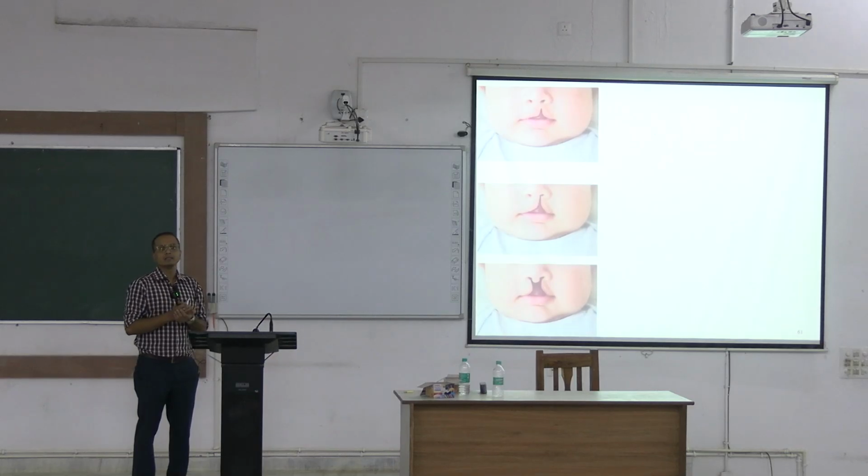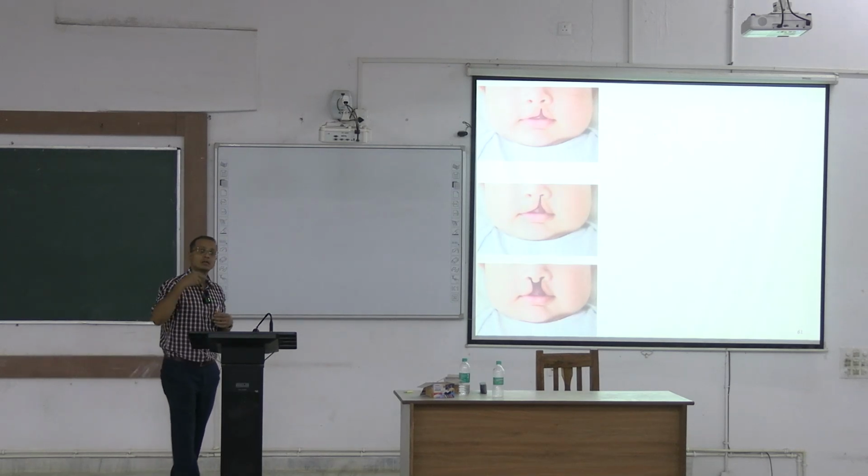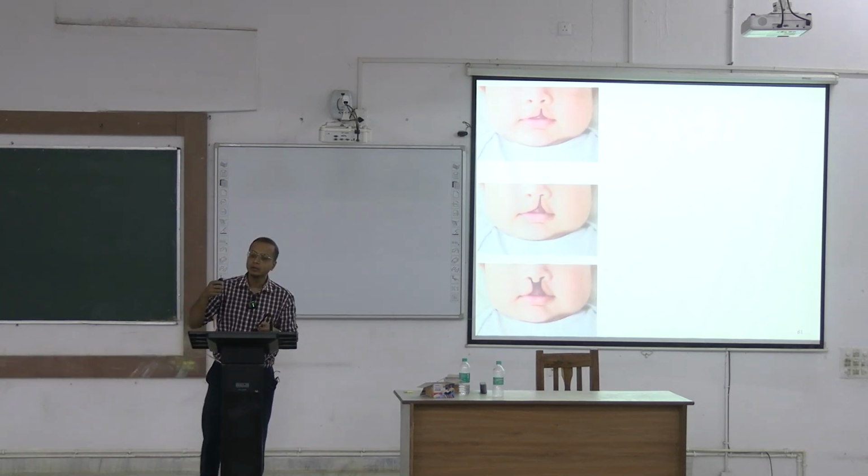Now, if you can imagine, if this palate is defective, the oral cavity has a communication with the nasal cavity. That means the individual who has this defect extending to the palate, the food material they take will regurgitate through the nose, which is the clinical case they present with.